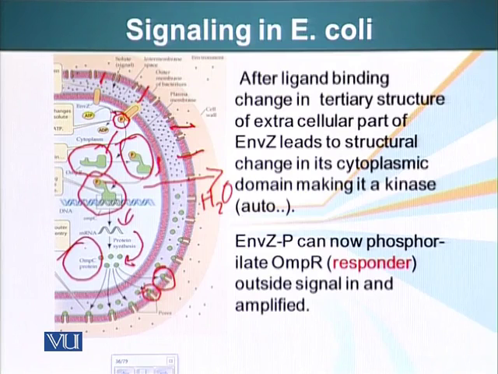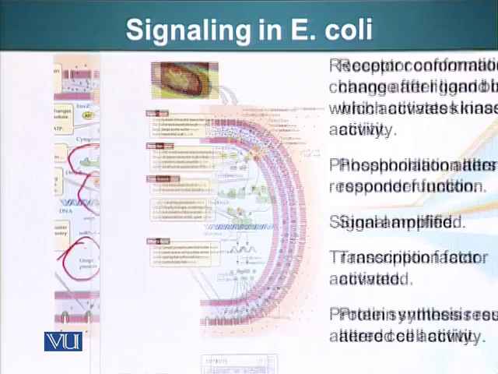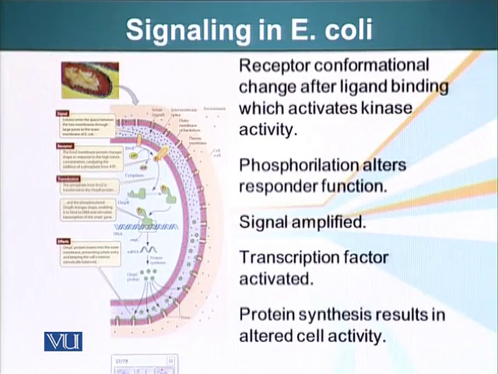Therefore, it is called a responder in this scenario. So also we talked about this, that signals have to be amplified. So here one EnvZ can activate one OmpR, which will result in production of one or two messenger RNAs, which will result in production of several hundred OmpC proteins.